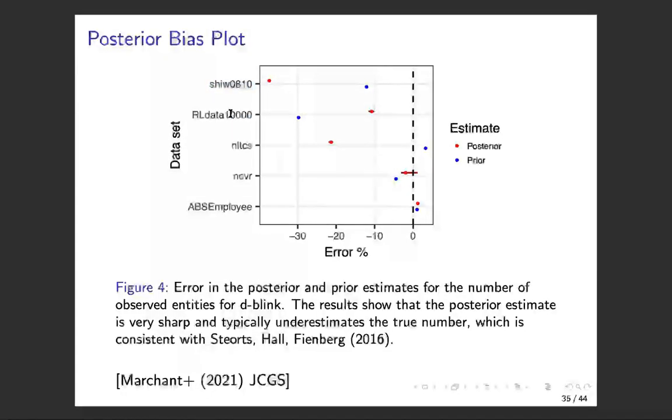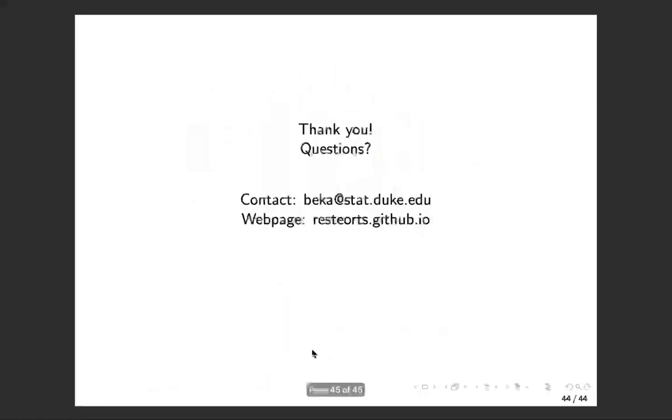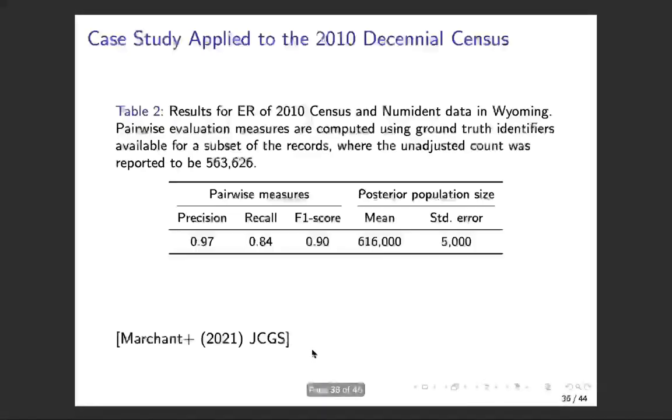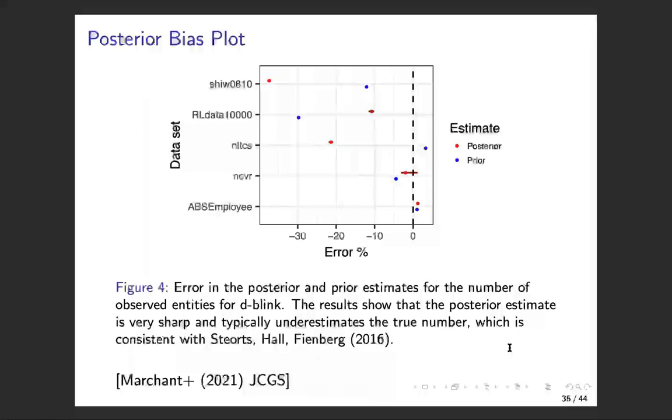The RL Data 10,000 data set has quite a bit of missing data in it, so 10% error for this data set is also not surprising. The one thing that does happen is that the posterior estimate is incredibly sharp and typically underestimates the true number.